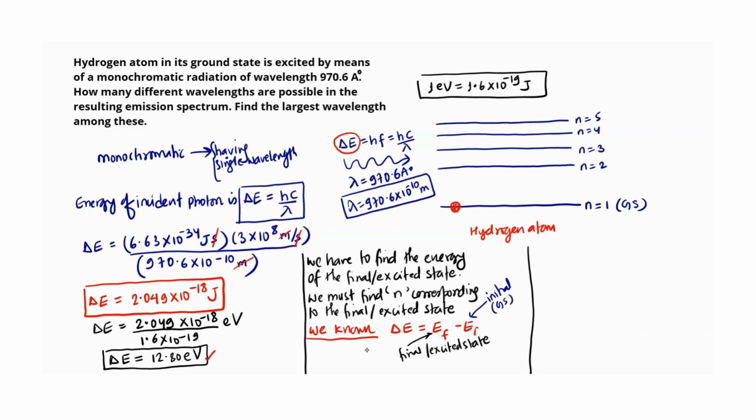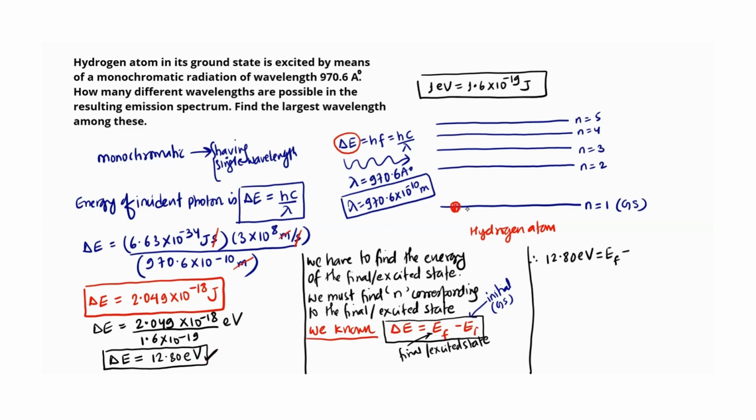Now we know delta E equals 12.80 electron volt. Therefore we can write 12.80 electron volt equals EF minus EI.